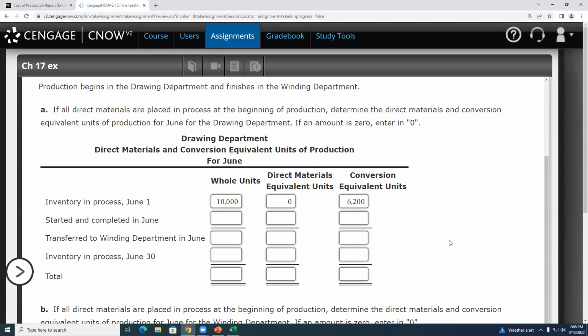We did 62% of the work on 10,000 units. That's equivalent to doing 6,200 whole units worth of work. That's why the term is equivalent units. So again, I took the percent of the work we did in this period and multiplied by the whole units from the first column. Okay.